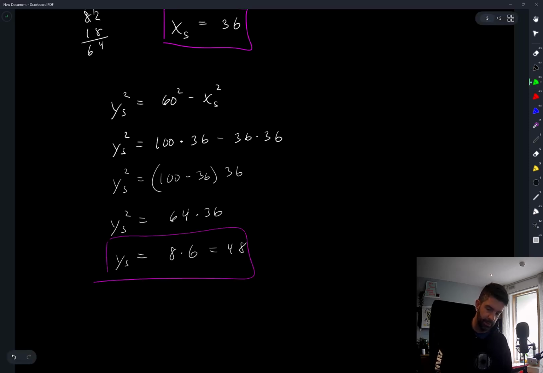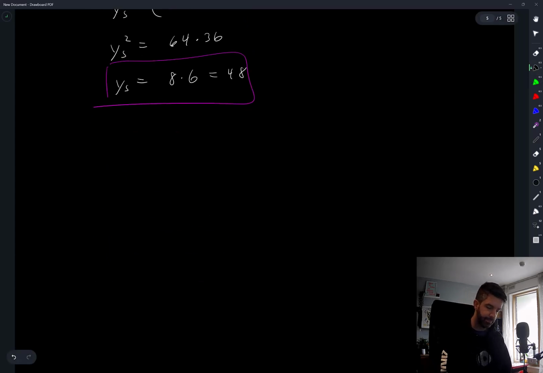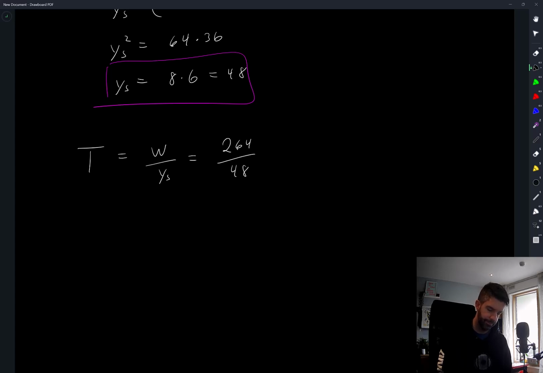And finally we can compute the time. So the time is the width divided by this, so that's 264 divided by 48. That's got to divide, right?